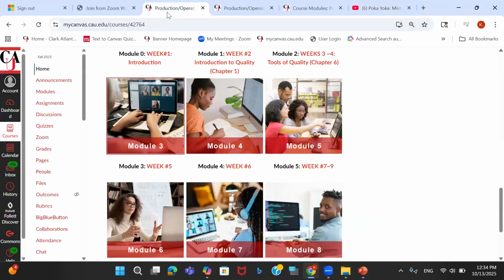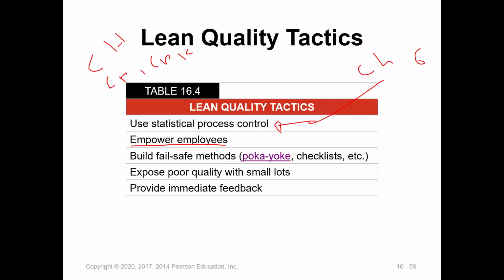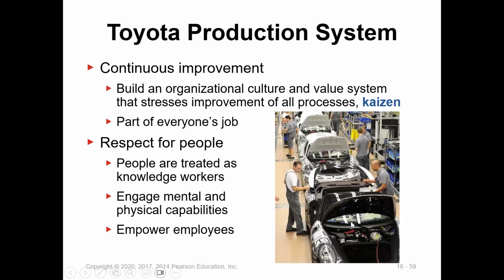Yeah, this is just to give you an idea what we are learning here.